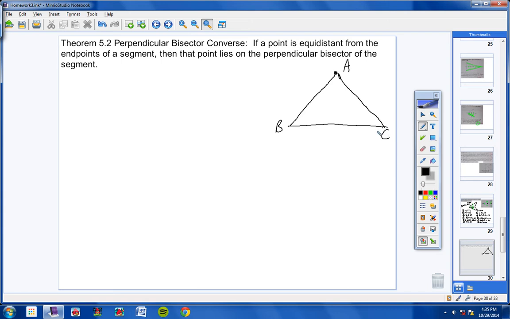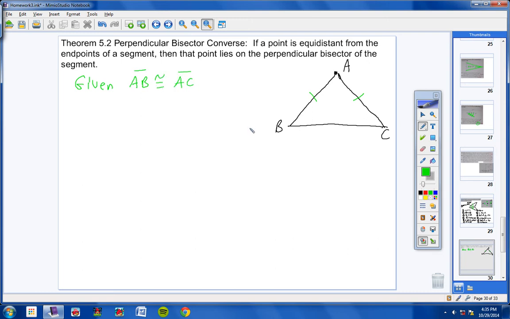Now, having said that, it's given that the point is equidistant from the endpoints. So, I know that the segment here is congruent to the segment here. So for my given, I'm going to put given AB is congruent to AC.